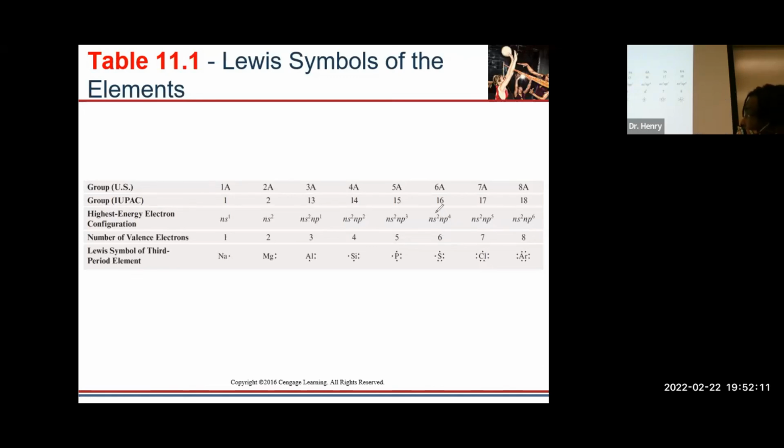Sulfur has 6, 2s, 4p, 6 dots around it. Chlorine has 7, 2 in the s, 5 in the p, 7 dots around it. And then argon, which is a noble gas, has 8. So noble gases are going to have 8 around them. Halogens, which are group 17, are always going to have 7 around it.